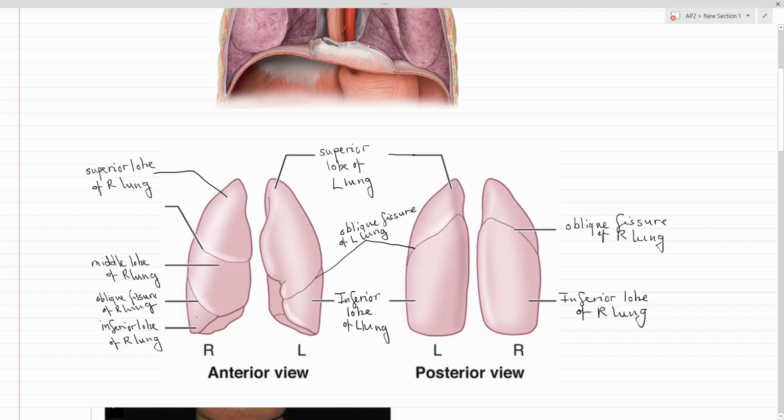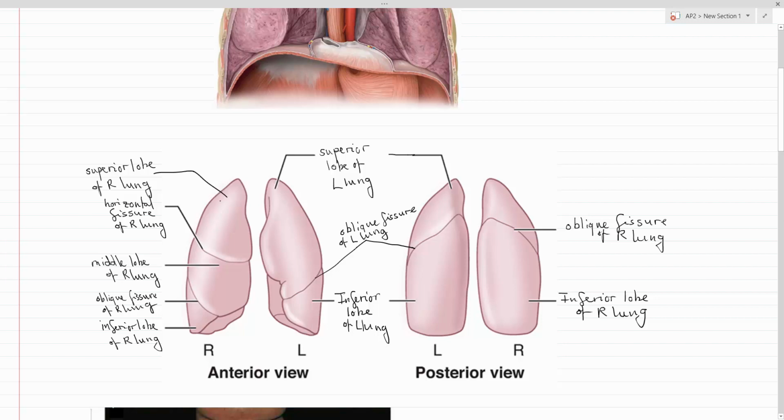The oblique fissure separates the middle lobe from the inferior lobe on the right lung, and it's this horizontal fissure that separates the middle lobe from the superior lobe of the right lung. So this is the horizontal fissure of the right lung. There's only one horizontal fissure, but anyway, we can make it a little bit more precise.